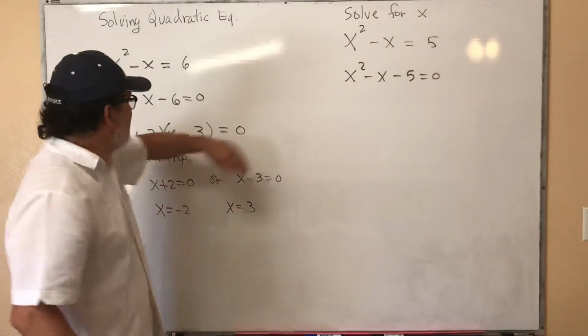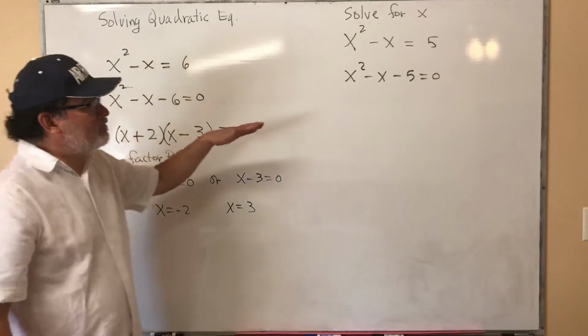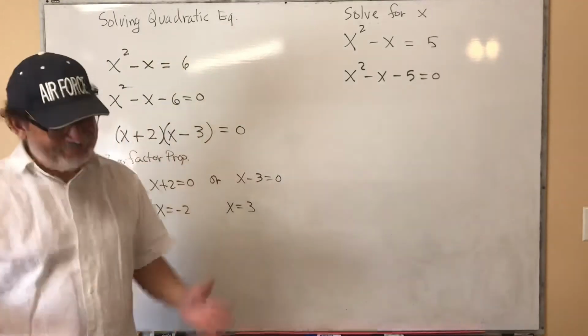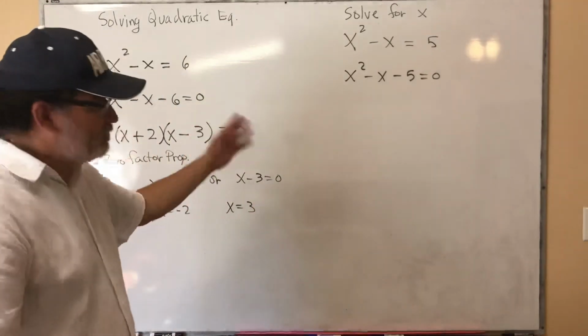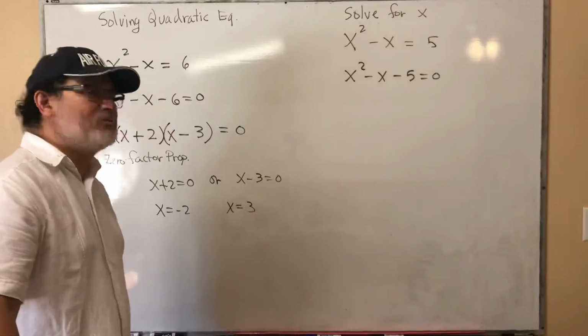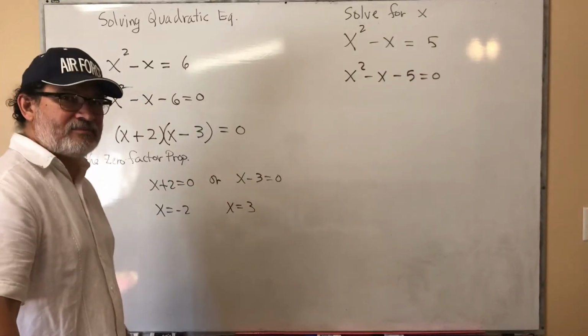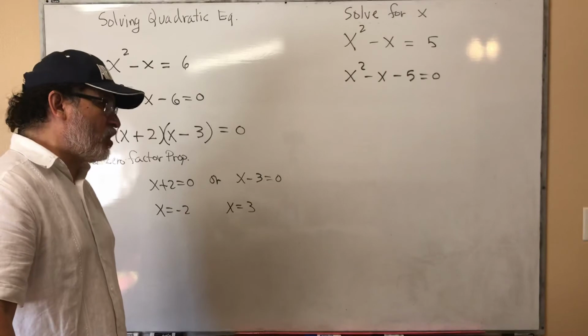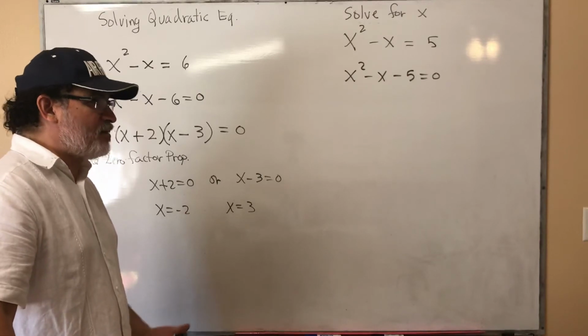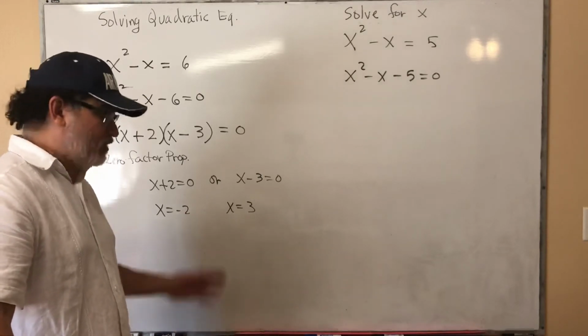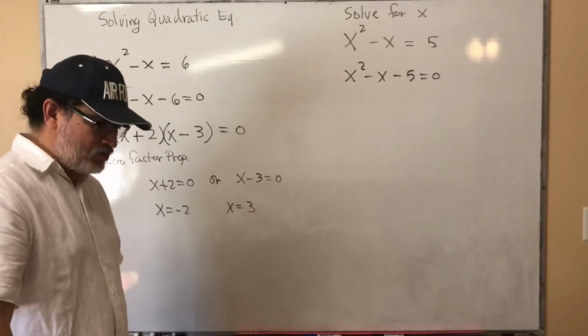And then the next step is try to factor. And now we're in trouble. See the problem? We can't factor that. And so therefore, there's got to be another way. There is another way. I'm going to show you.